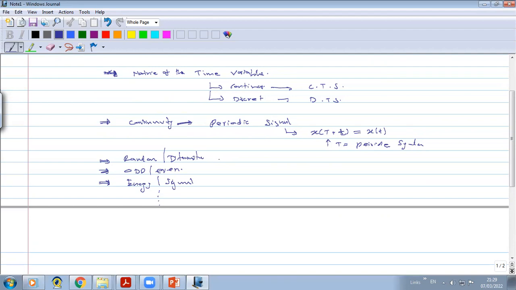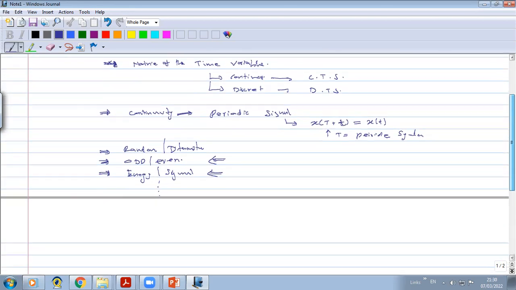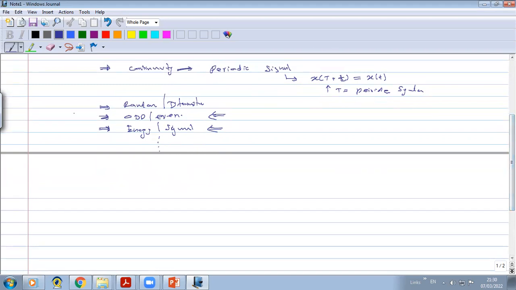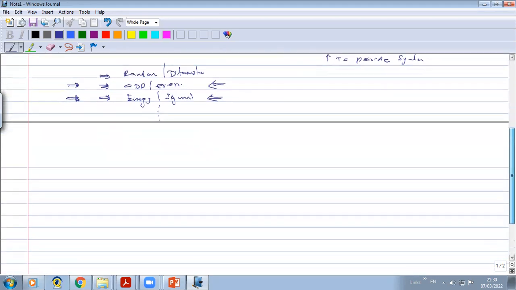Maybe these can come to your exams, but we will leave these topics under signal classification to discuss later. Just now I have shifted to mainly these two types of signal.